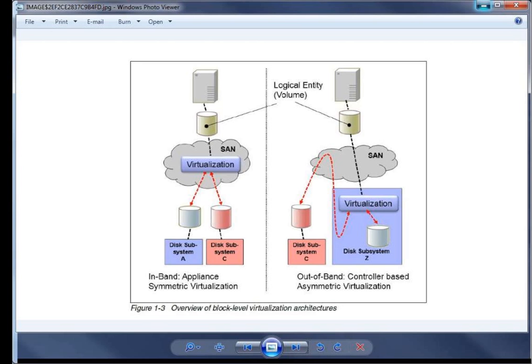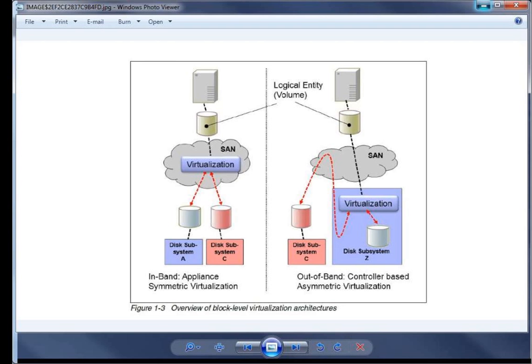But on this out-of-band controller, you mentioned it is done at the controller level, but on the other side you mentioned it is done at the fabric level. What exactly does fabric mean? As you said, on the right side, out-of-band, it is done at the controller level. On the other side, SVC, it is done at the fabric level.